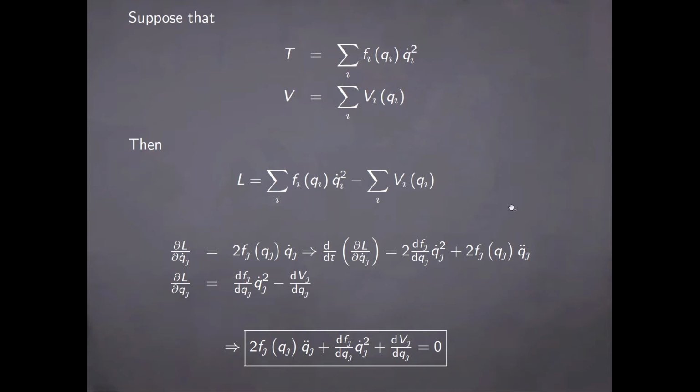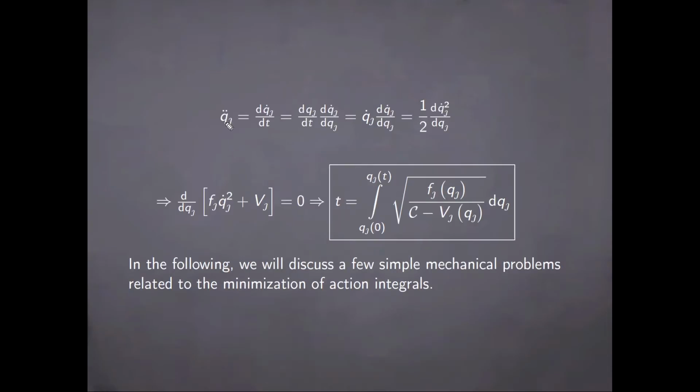And now the trick is to realize that formally I can write this acceleration as follows. This is the total time derivative of qj dot, but I can multiply and divide this expression by the differential of qj.